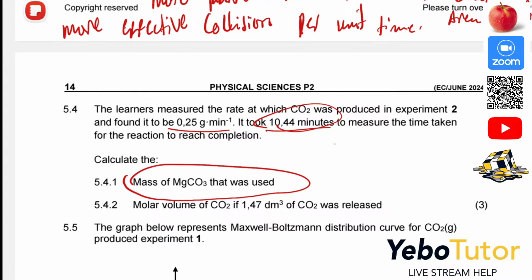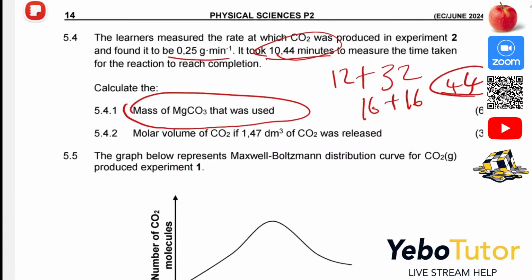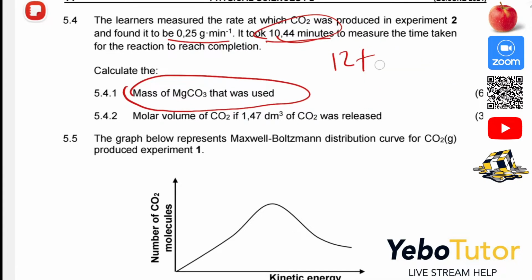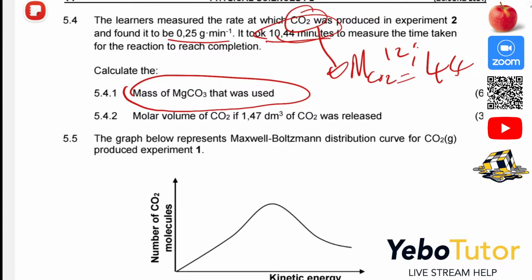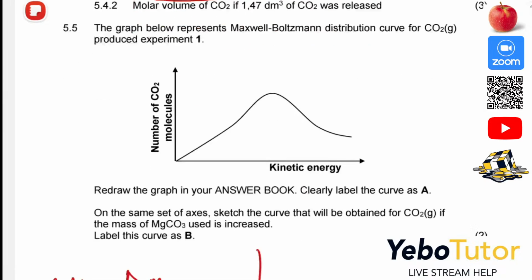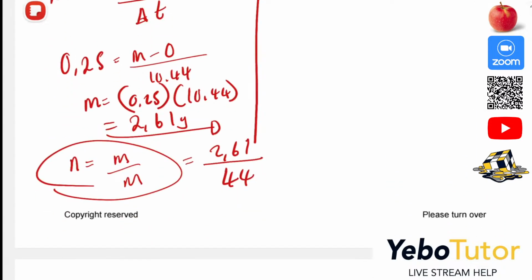CO2 will be 12 plus 32, because 16 plus 16 is 32, that will be 44. So that's where the molar mass is coming from, because we are looking at the molar mass of CO2. Carbon is 12, oxygen is 2 times 16. And that's how the 44 is coming from, guys.